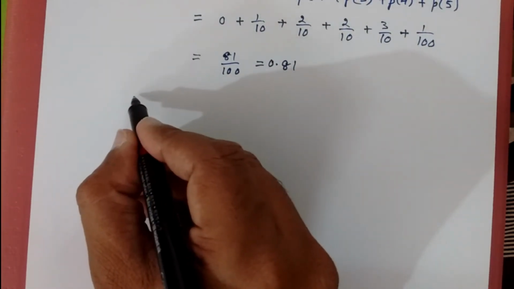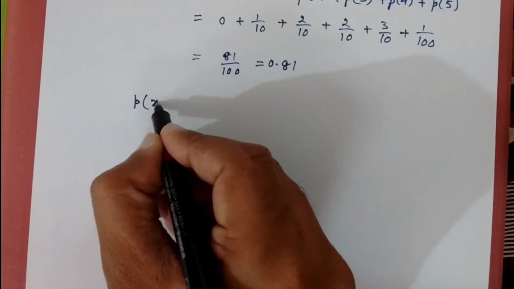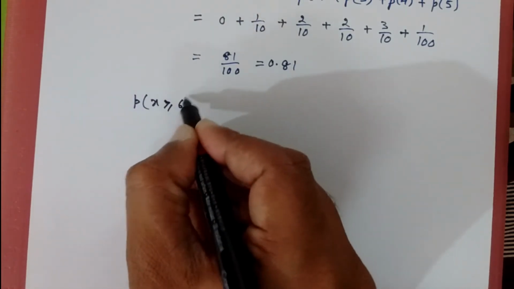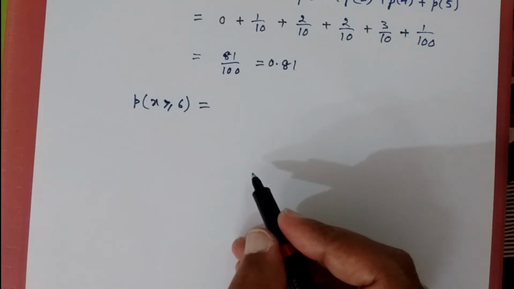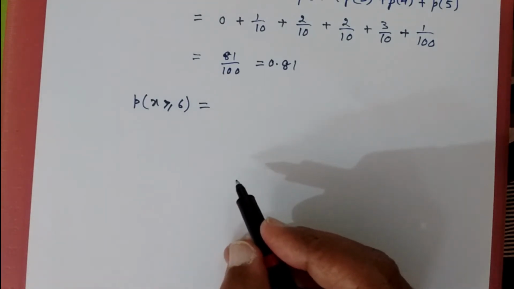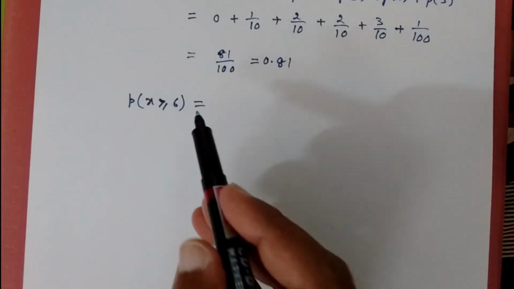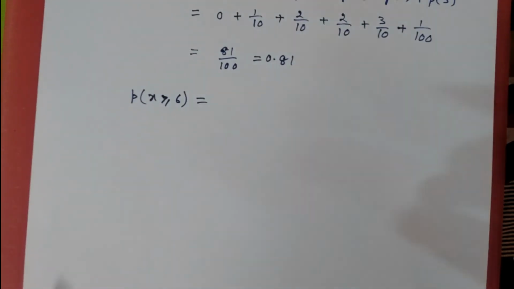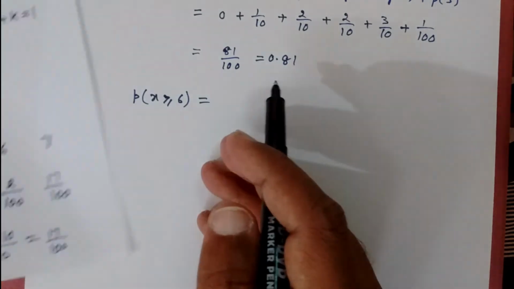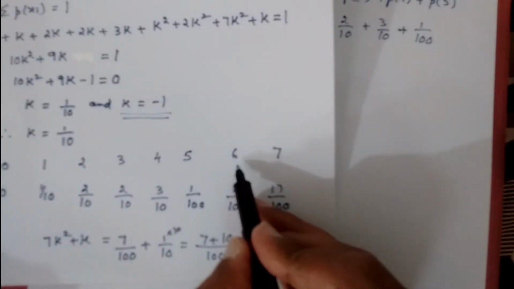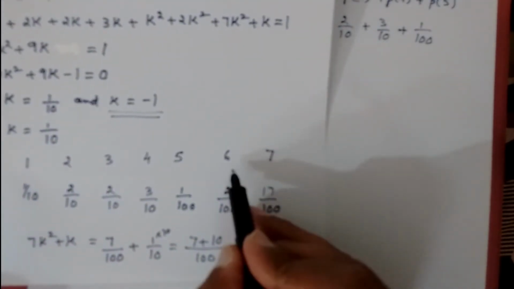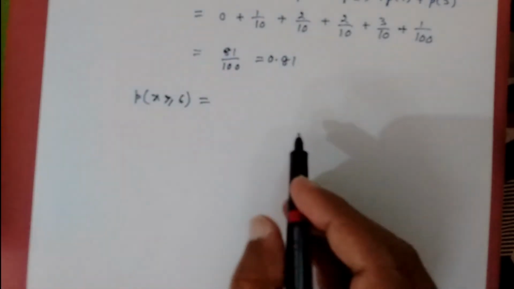The next value that you have is you need to find the probability when the value of x is greater than or equal to 6. That's the next question you have. So for greater than or equal to 6, because equal to 6 is there, 6 should also be included. So you have to take 6 and 7. These are the two values, equal to 6 and greater than 6.